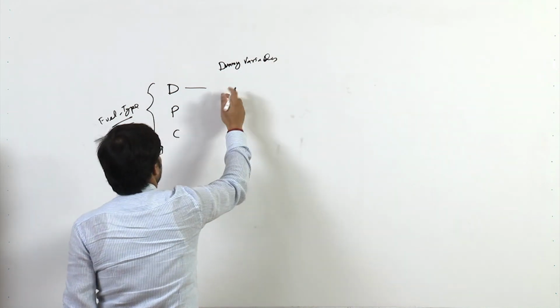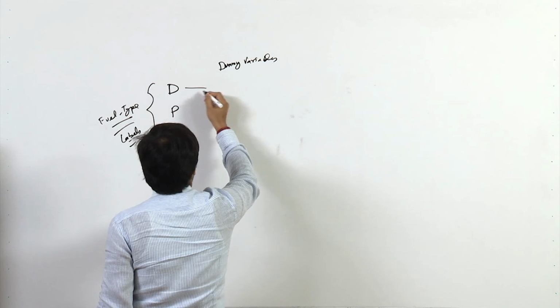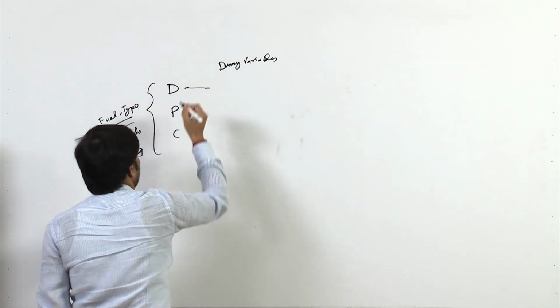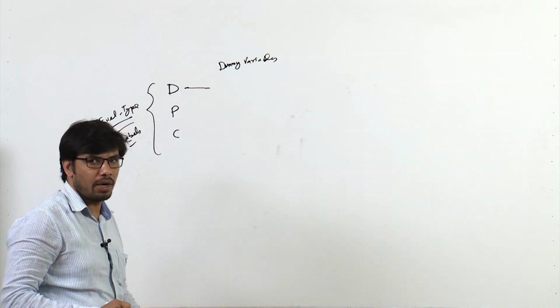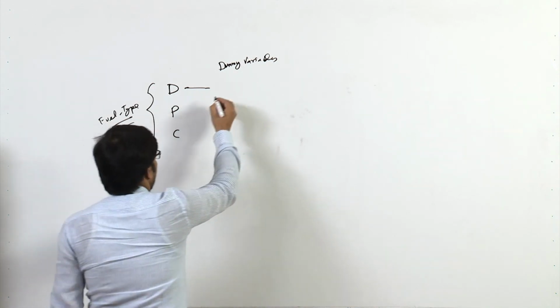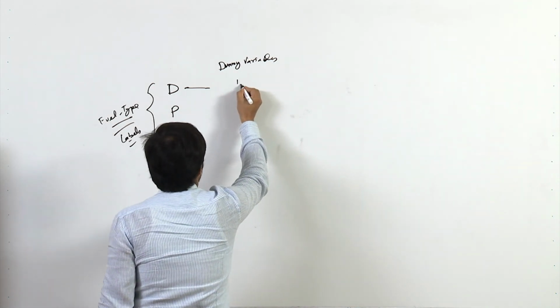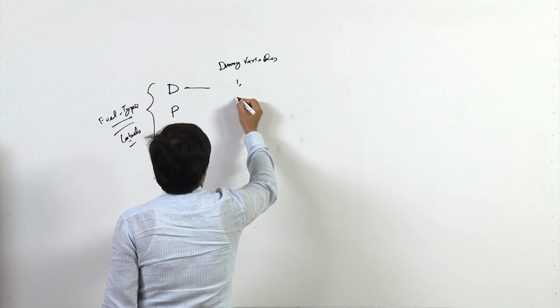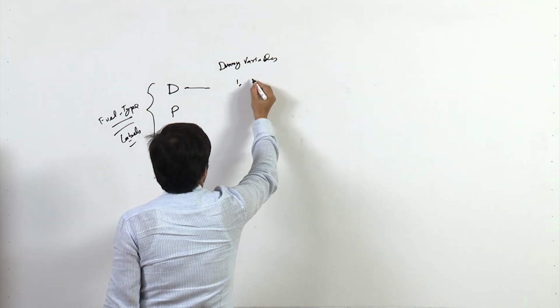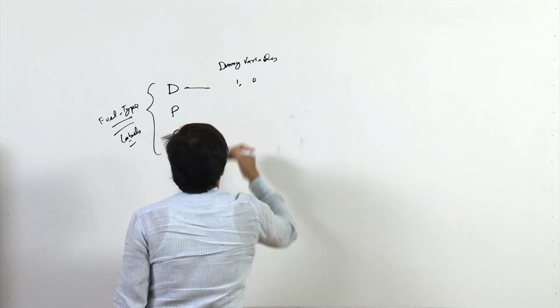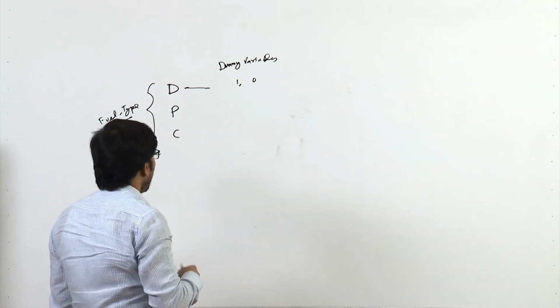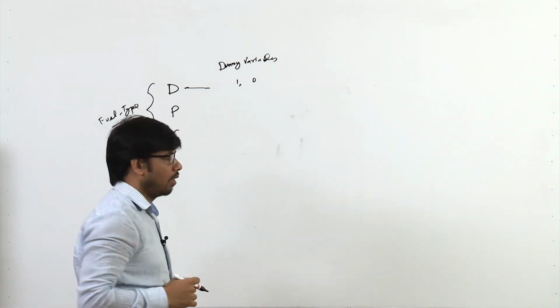Dummy variables indicate presence or absence of that particular label. If the value is 1, that means the car has fuel type diesel. If the value is 0, the car does not have fuel type diesel.